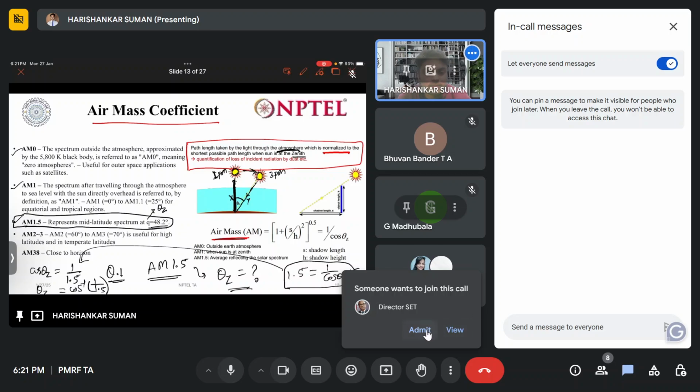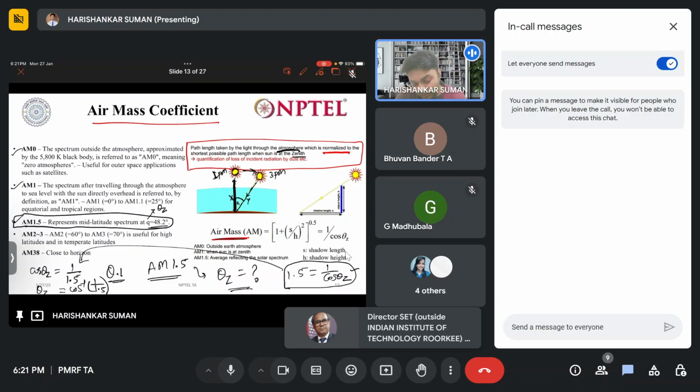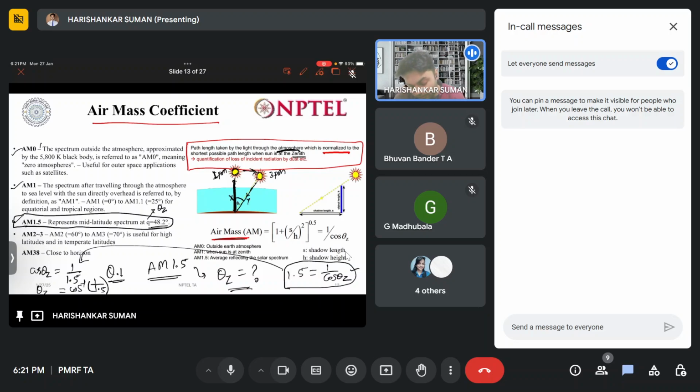So also remember these terms. What is AM0? The spectrum outside the atmosphere, approximated by a 5800 Kelvin black body, is referred to as AM0, meaning zero atmosphere.